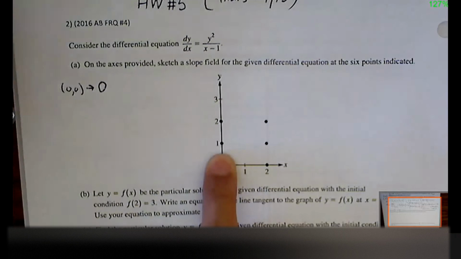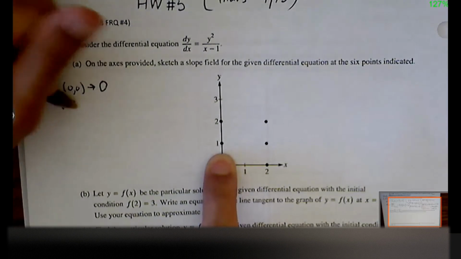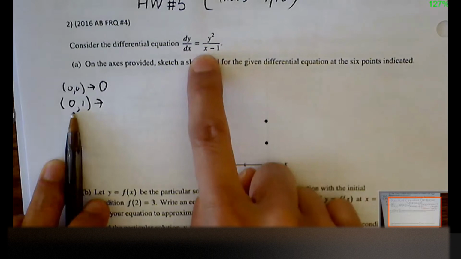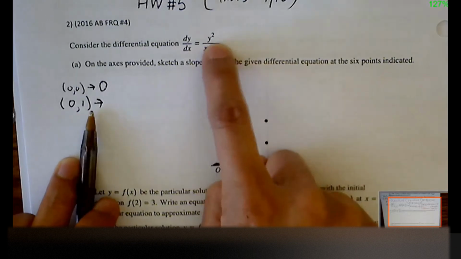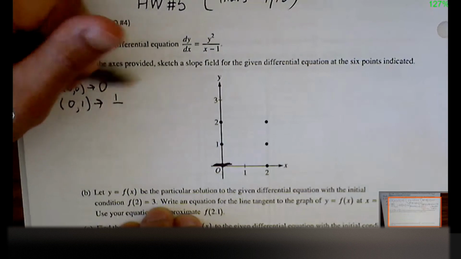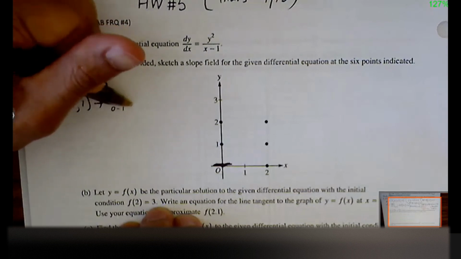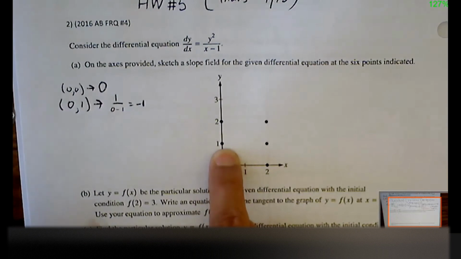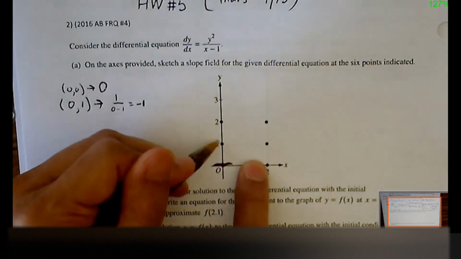Next up, 0, 1. Plug 0 in for x, 1 in for y, so 1 over negative 1, that's negative 1. So I'm going to fill this ordered pair in with a slope of negative 1.